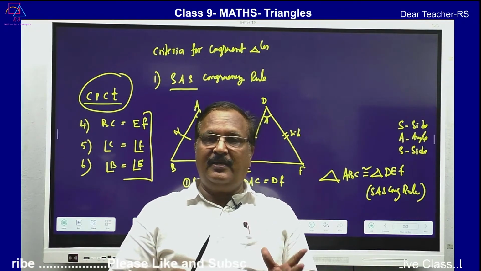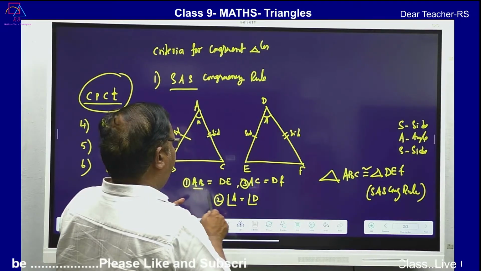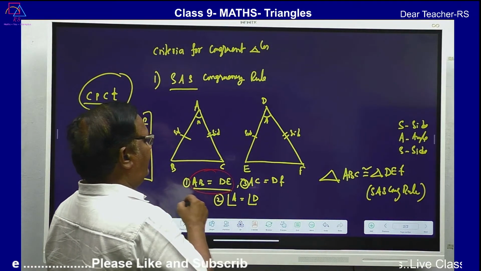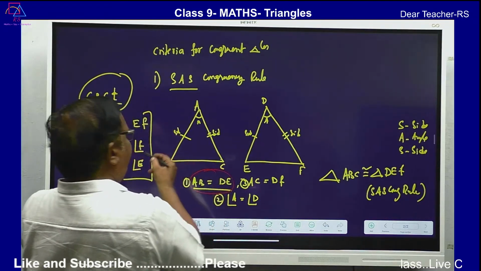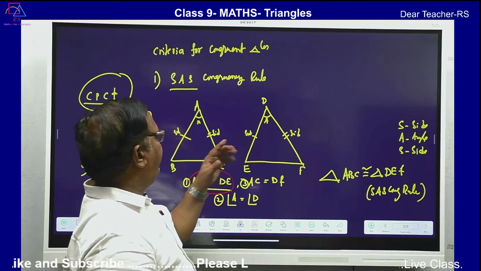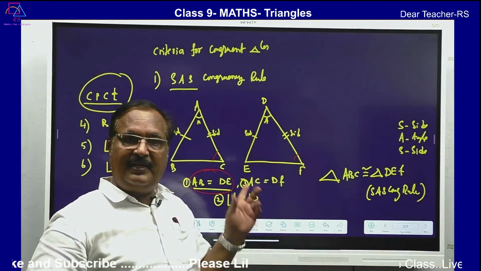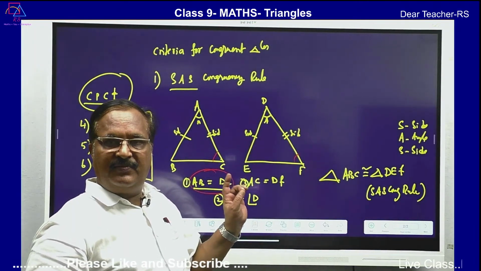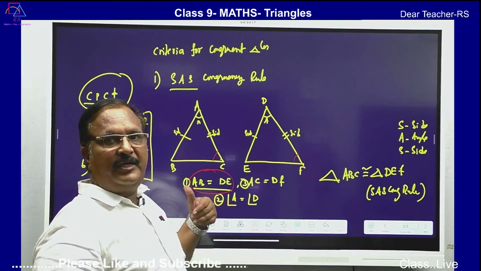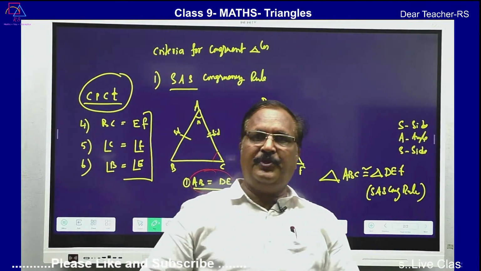You should use corresponding because AB and DE are equal, and their opposite angles, C and F, are equal. You should write the corresponding sides and angles properly. I hope you have understood.